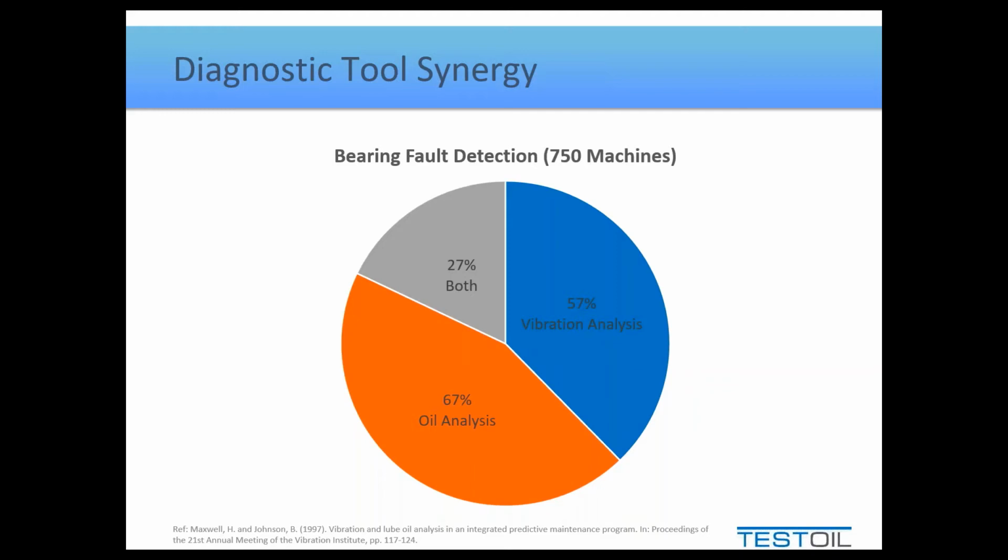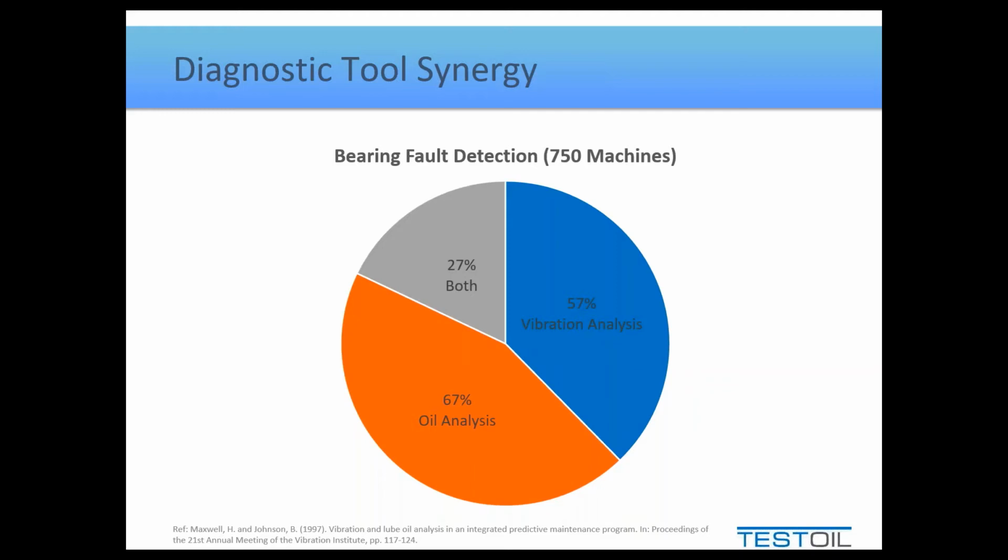But they saw nearly 1/4 of the failures were needing both technologies to be able to predict the failure, meaning they needed both the oil analysis data showing something and the vibration analysis showing something to definitively say, yes, we think that's going to fail. So that's why this chart adds up to over 100%. There's a bit of a synergy that's going on here where you can see that, yes, we need two technologies to really leverage and promote good finding of potential failures.